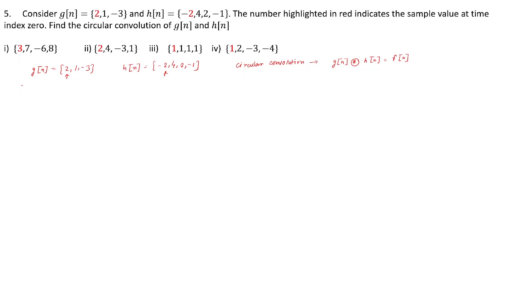Let me write it here. Length of gn is 3, which is one element shorter than hn.